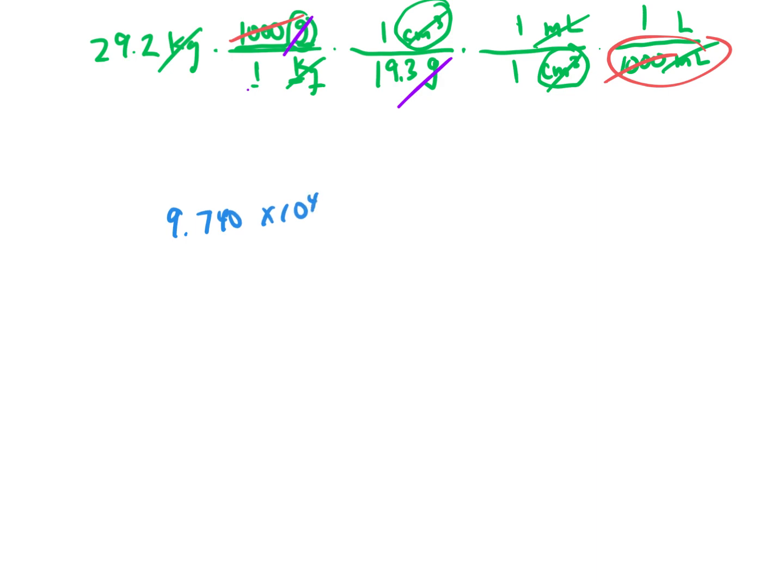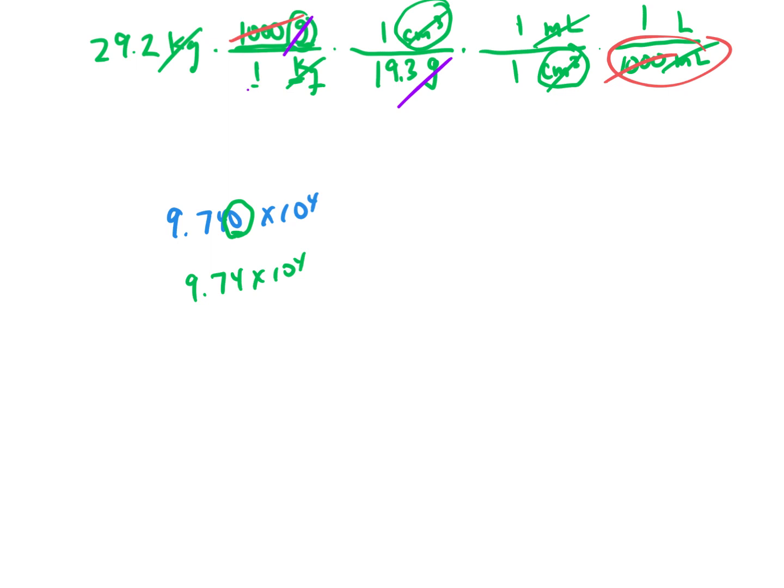And you had 3 sig figs, and the answer is 4. Well, that's because this 0 is significant. Otherwise, why would we write it? Because 9.74 times 10 to the 4 is the same value. So why do we need that 0? Because our measuring device measures to the 3rd decimal place. And that's why that 0 is significant.